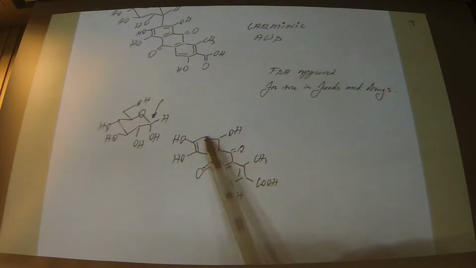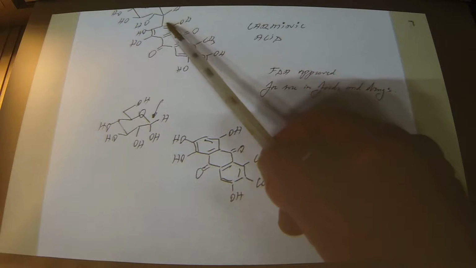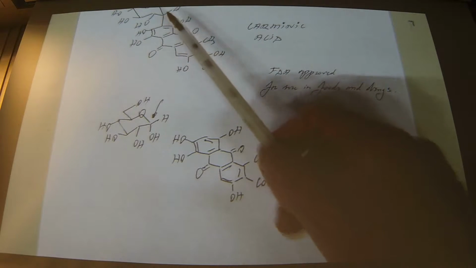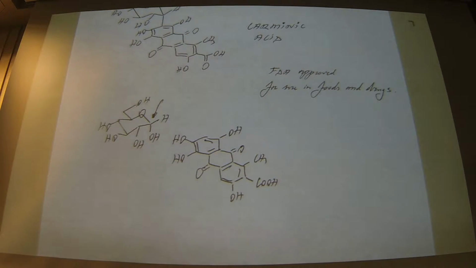So what did you have to do to join this carbon, make this carbon hold hands with that one, form that bond? This carbon has to bond to that one. Well, if it's done by electrophilic aromatic substitution, you needed an electrophile that was derived from what? From D-glucose, right? You needed an electrophile that's derived from this piece.